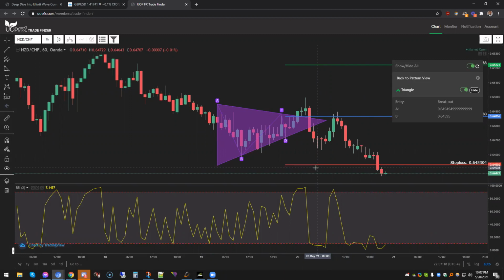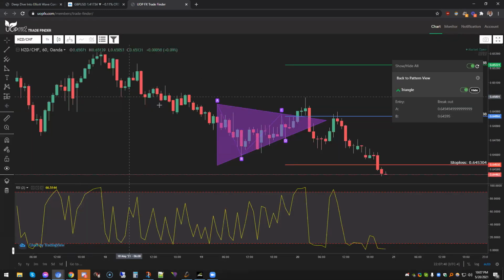It's looking for potential triangle formations, so you need to understand what a triangle formation actually looks like. In some cases, you may even need to reconstruct it yourself just to make sure you get it right. This one is not a triangle.